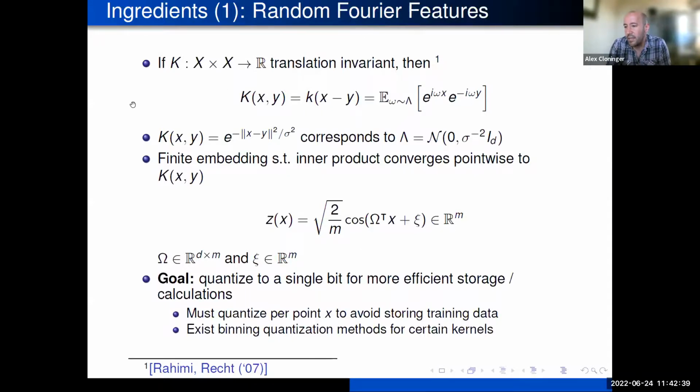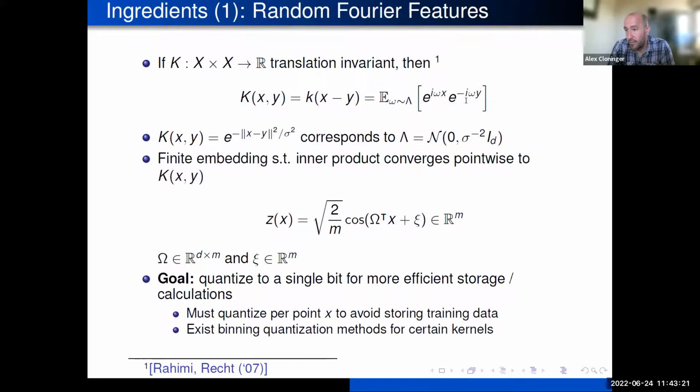All right. There are several ingredients to this, and I'm just going to give you a rundown. If you're familiar with them, I apologize if this is a little redundant. The first ingredient is what's called random Fourier features. Rahimi and Recht, about 15 years ago, figured out an initial approach to this problem of not wanting to look at pairs of points. They observed that if you want to approximate a translation invariant kernel, say a Gaussian kernel, you could rewrite it as an inner product of random Fourier moments of your data point and random Fourier moments of your other data point.